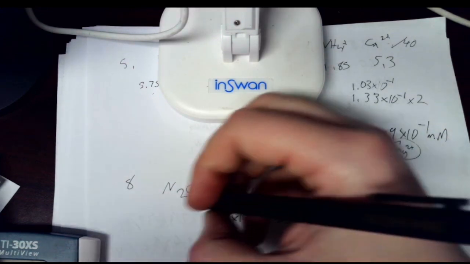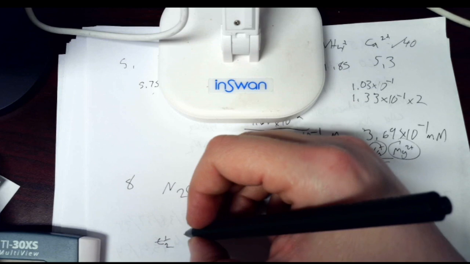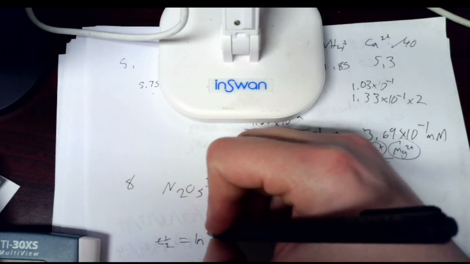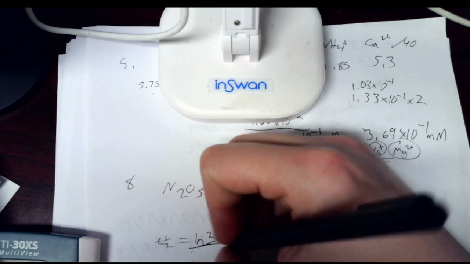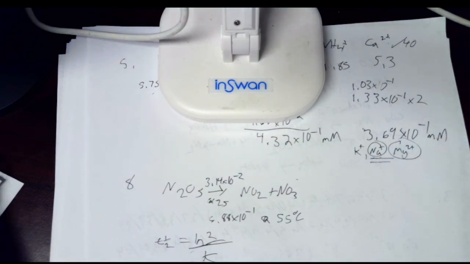So the half-life of these, regardless of whatever they do, is t1/2 equals ln 2 over k. That doesn't change regardless. So we can find the k, and given the k, we can find those half-lives.